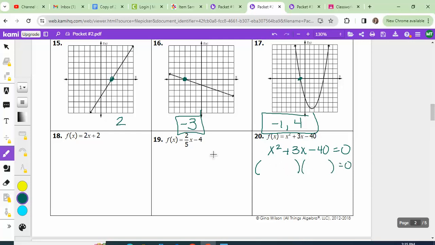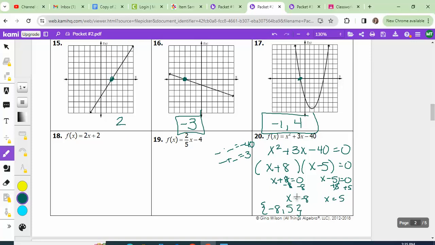We're looking for two numbers that multiply to -40 and add to +3. And then we set those factors to 0. So x plus 8 equals 0, and x minus 5 equals 0. You might just recognize it's the opposite, otherwise you solve them. So we get -8 and +5. That stuff was pretty recent. Are we okay with that?